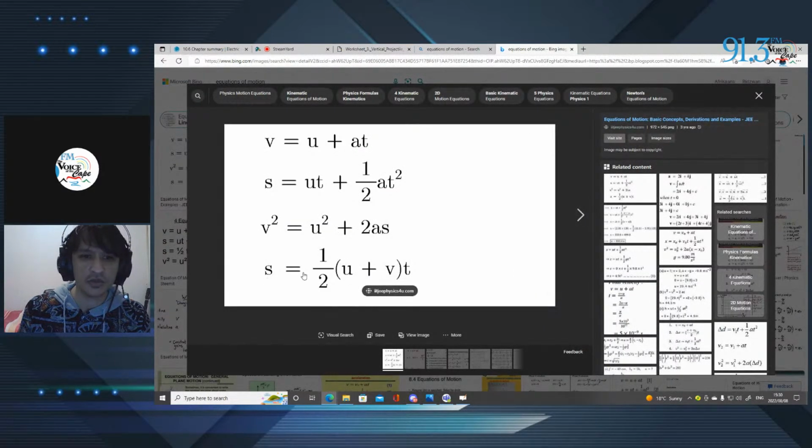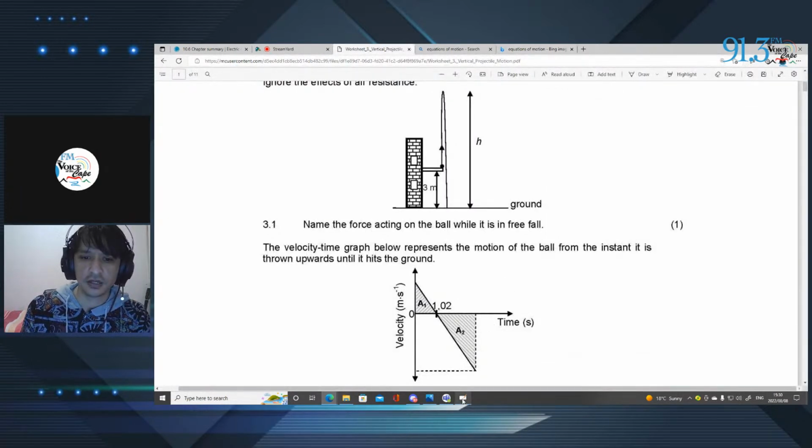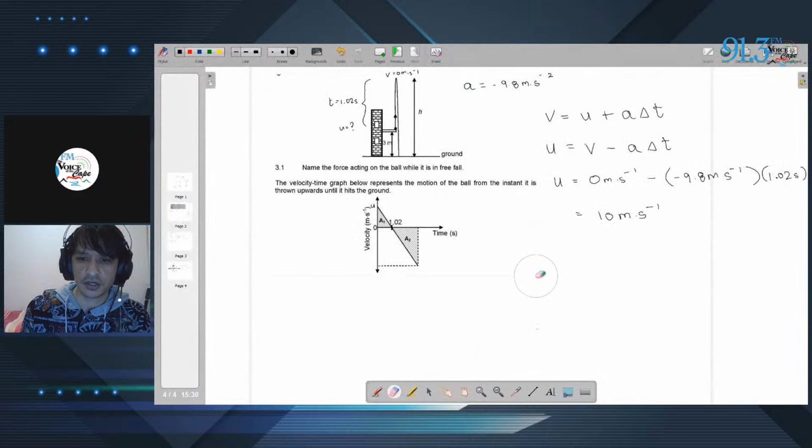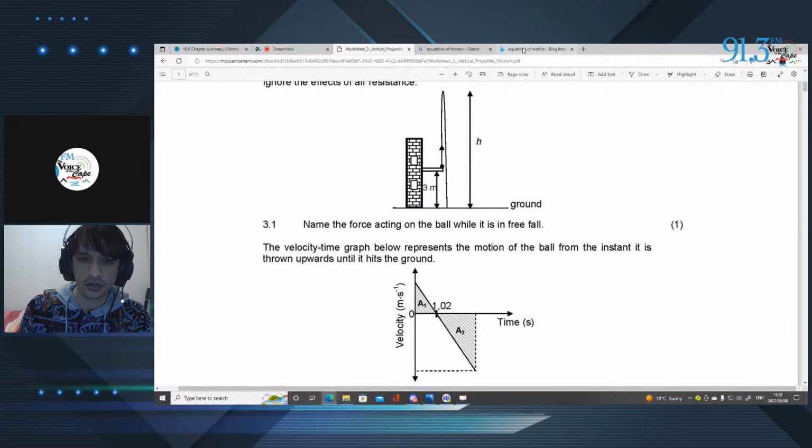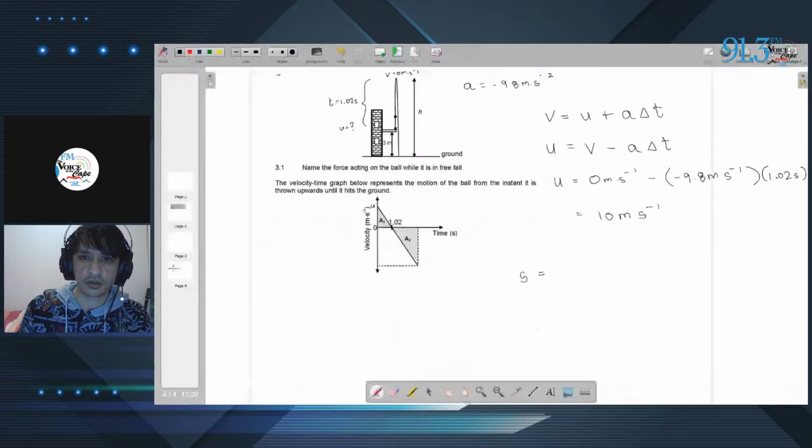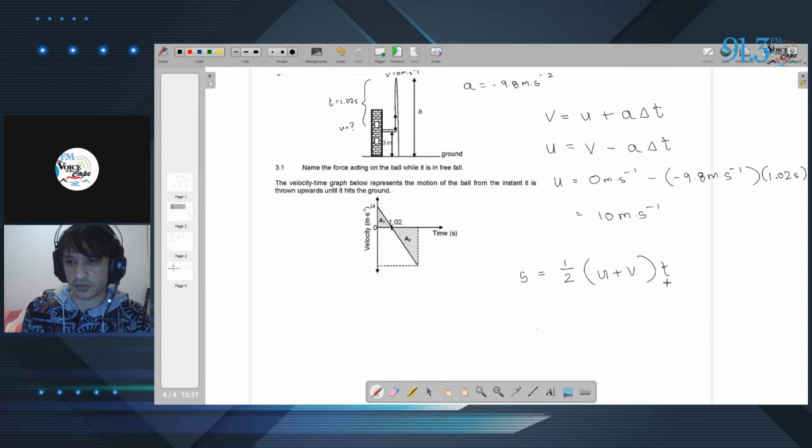Here we go. I should have looked at the last equation straight away. s is equal to half u plus v times t.